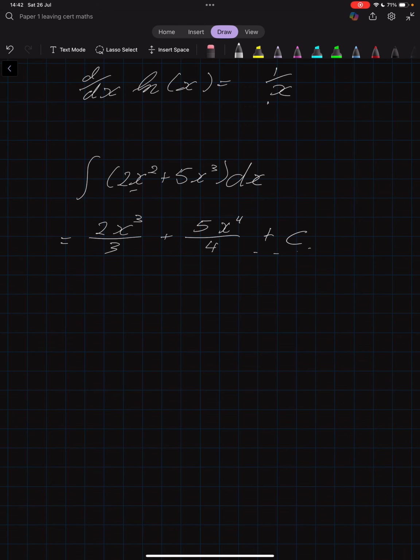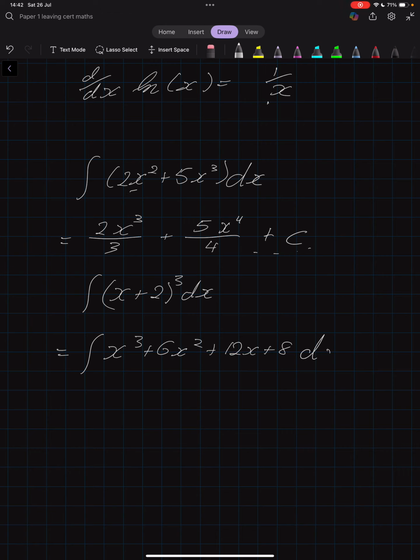You can also be asked to integrate x plus 2 cubed dx. The way you do these is you multiply them out. So if I multiply this out, I get the integral of x cubed plus 6x squared plus 12x plus 8 dx.